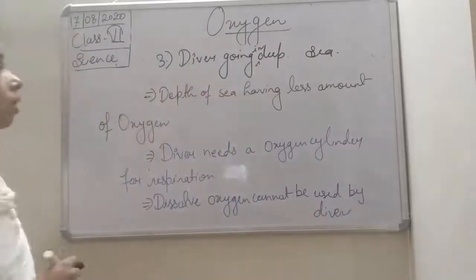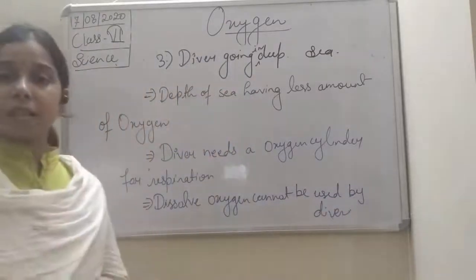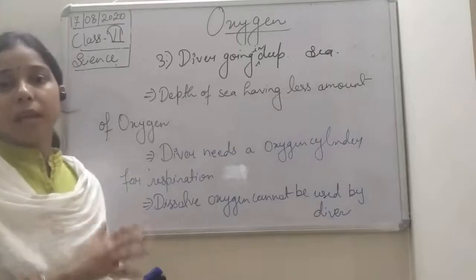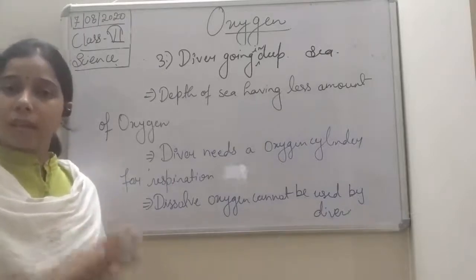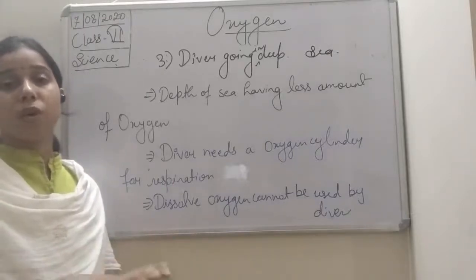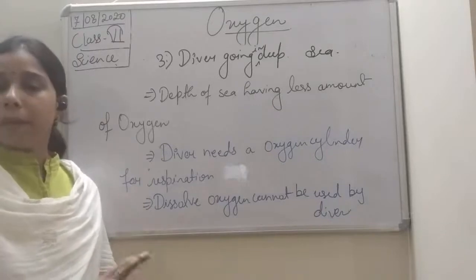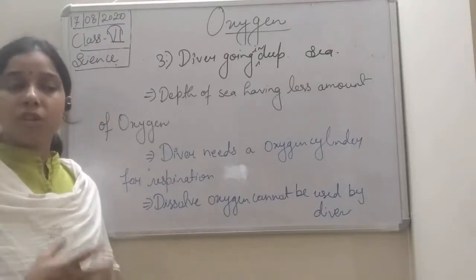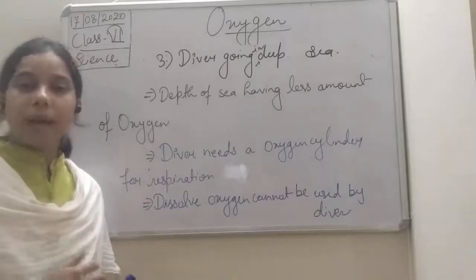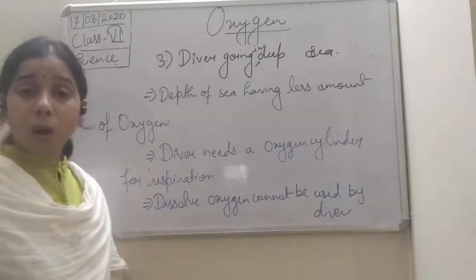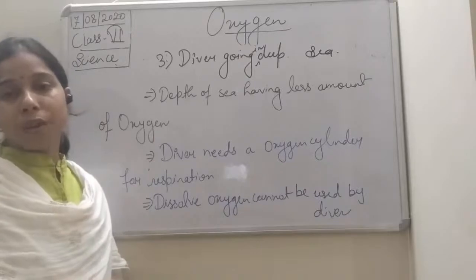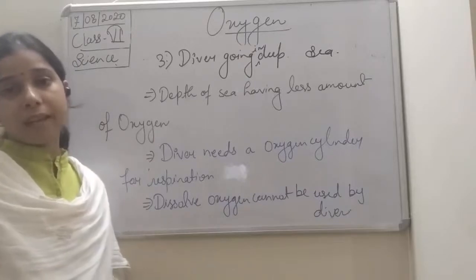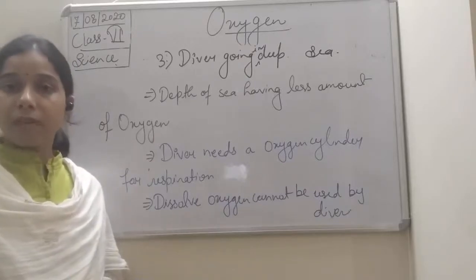Okay students, so these are the three special situations in which the oxygen cylinder is used, because atmospheric oxygen is not sufficient for the person. The first one: if a patient has a breathing problem like asthma, or undergoes a major operation, at that time he or she may face a breathing problem.